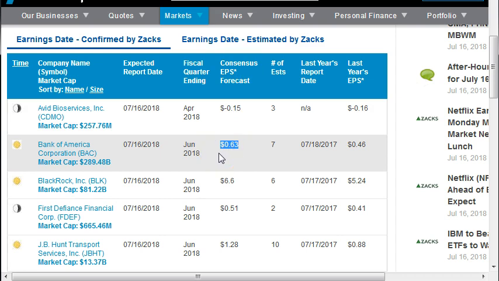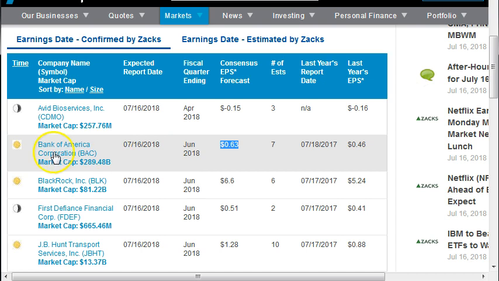So apparently there are 7 Wall Street analysts who think Bank of America is going to announce today 63-cent earnings. In comparison, last year's earnings per share is 46 cents.